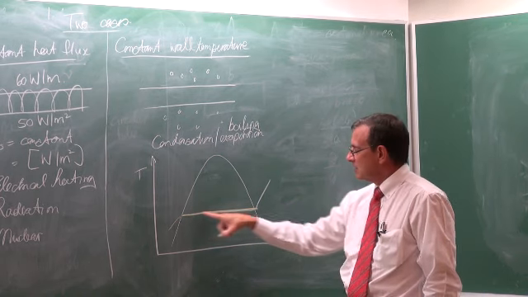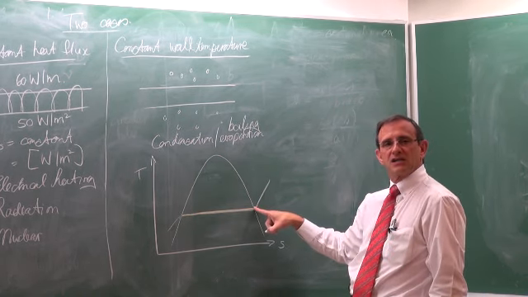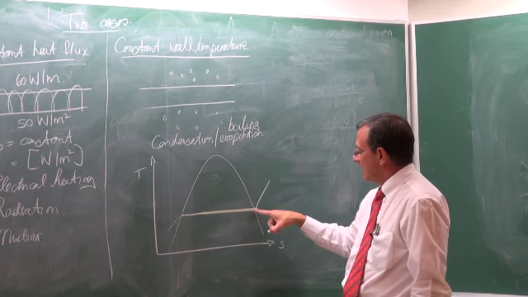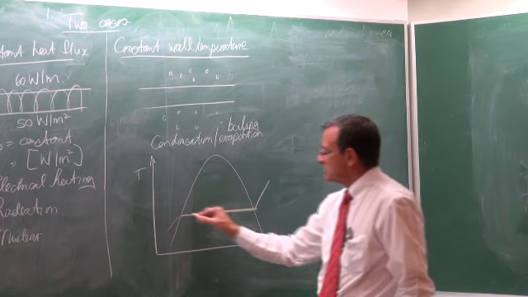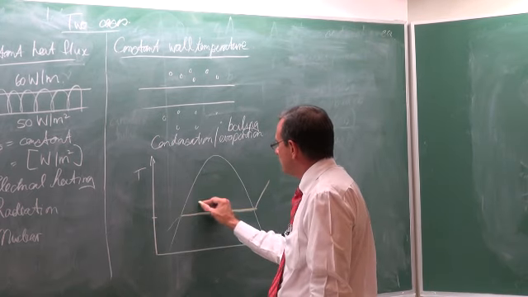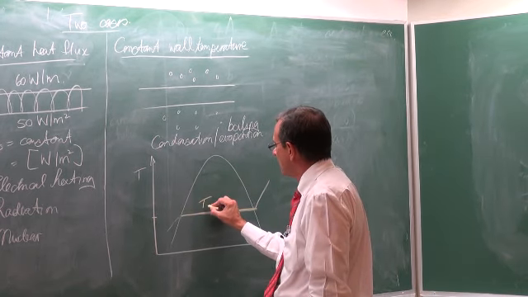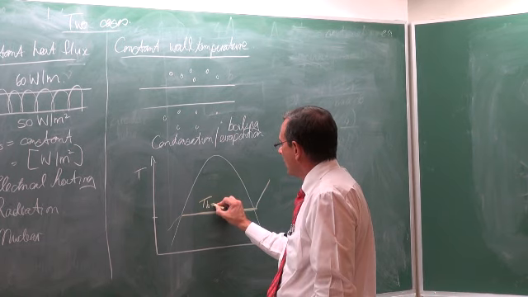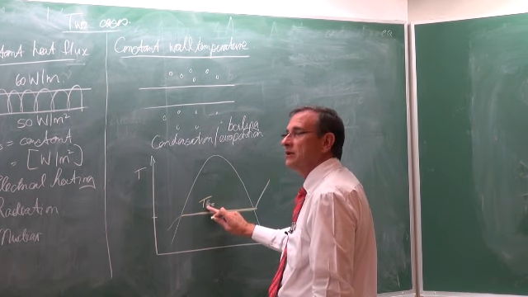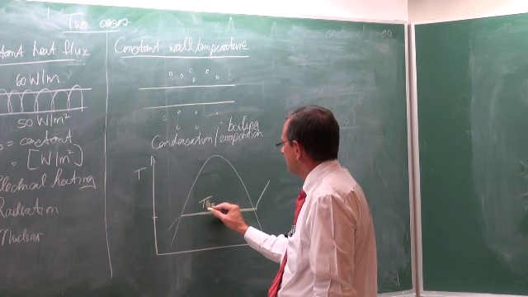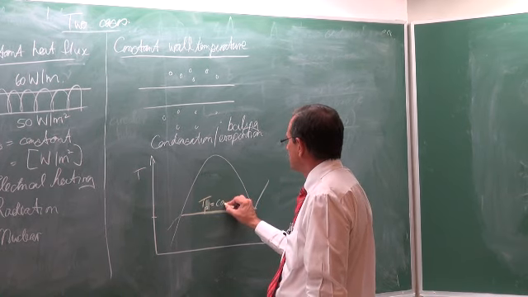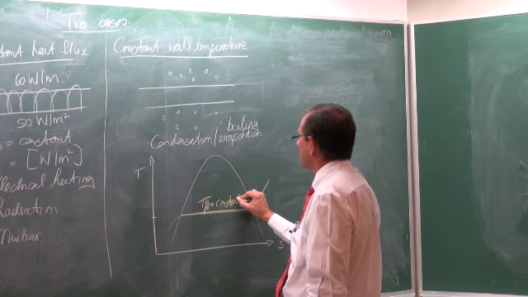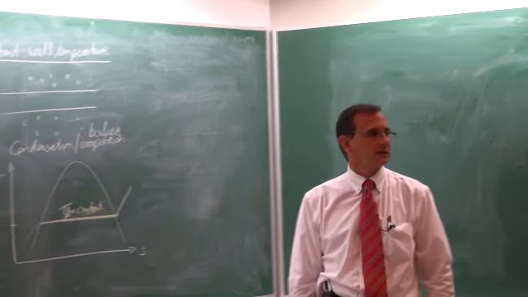If it is a liquid taking up heat so that it becomes a gas, then it is boiling. But what is very, very important is that this process occurs at constant temperature. Let me use Tp. Tp is a constant.